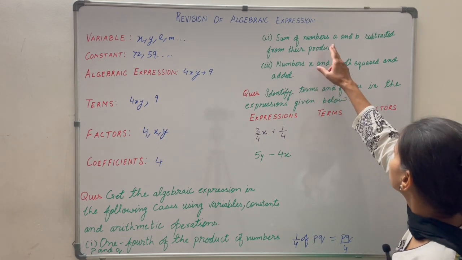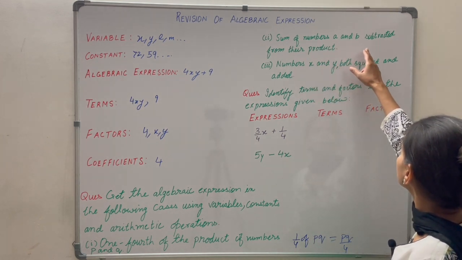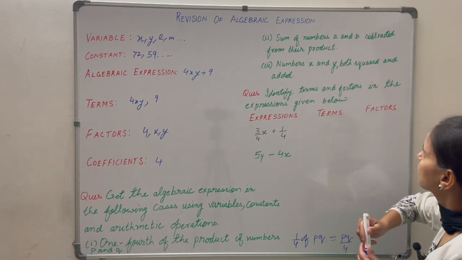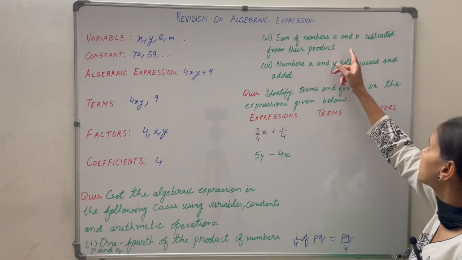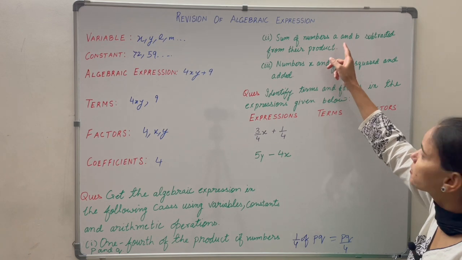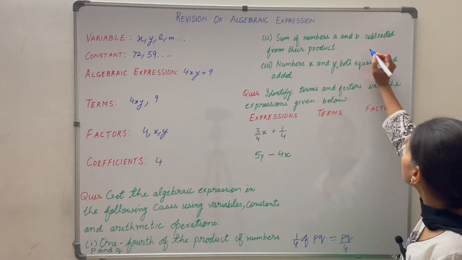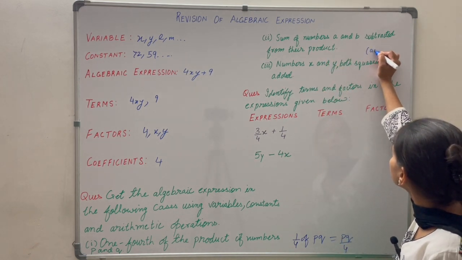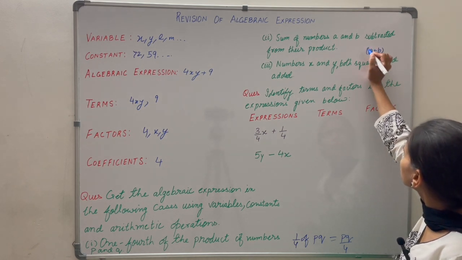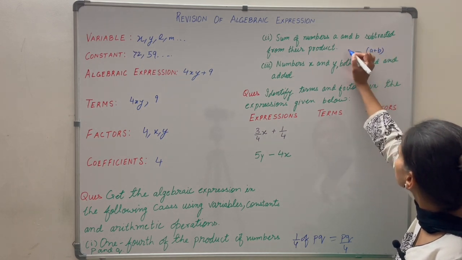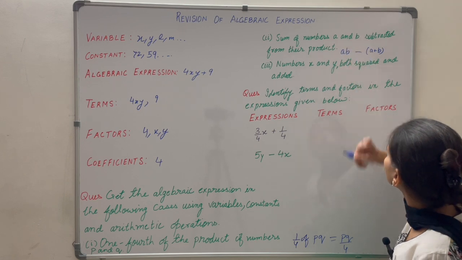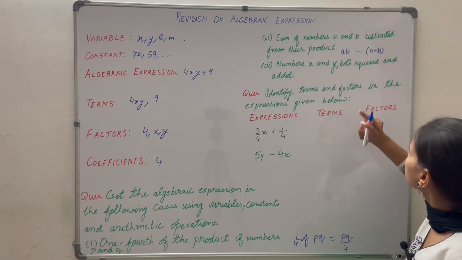Next one, sum of the numbers a and b subtracted from their product. Sum of the numbers means a plus b. Product of the numbers means a into b. So sum of the numbers a plus b subtracted from their product, that is ab minus (a plus b).